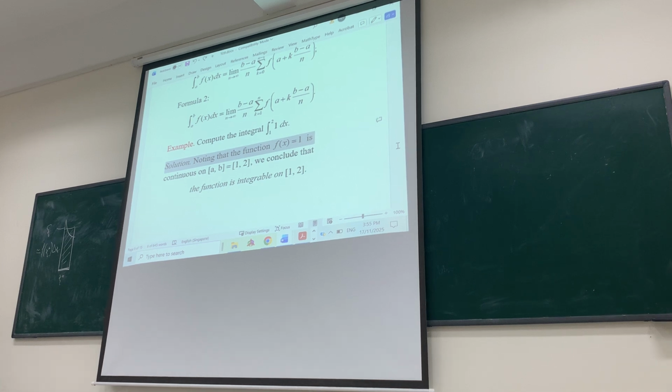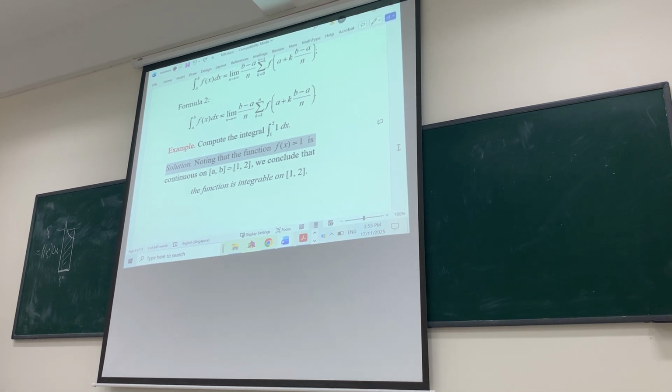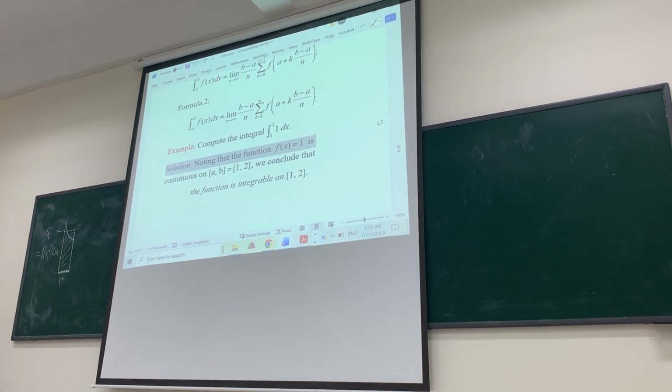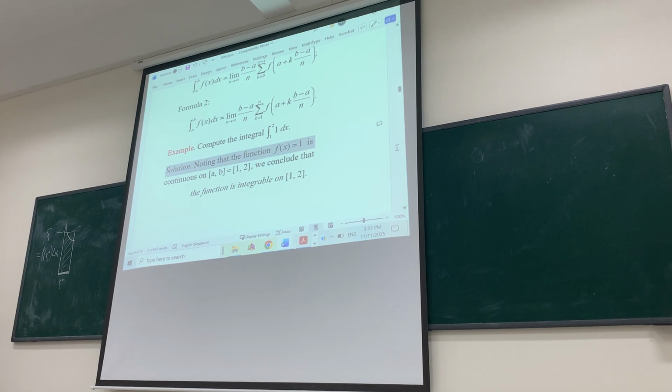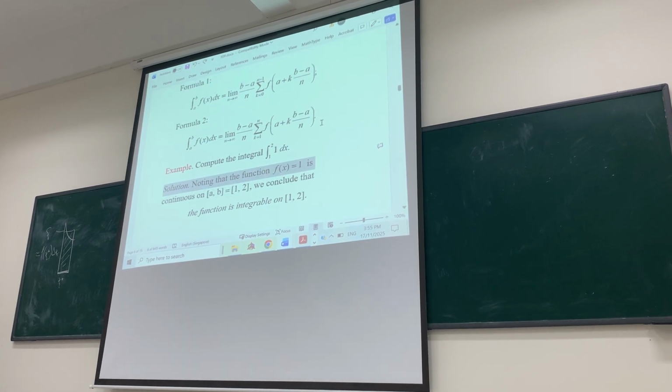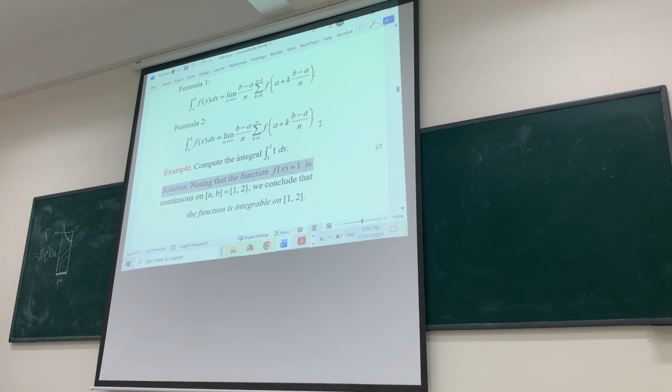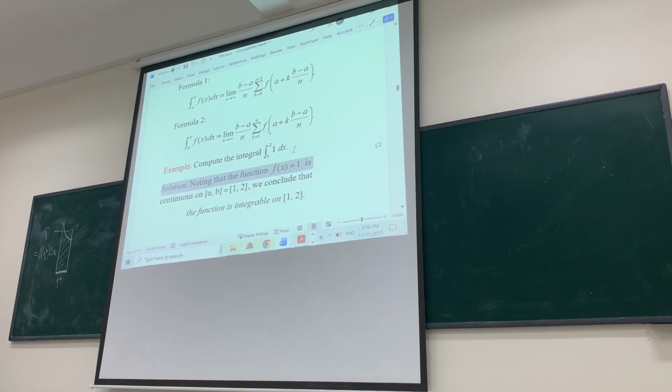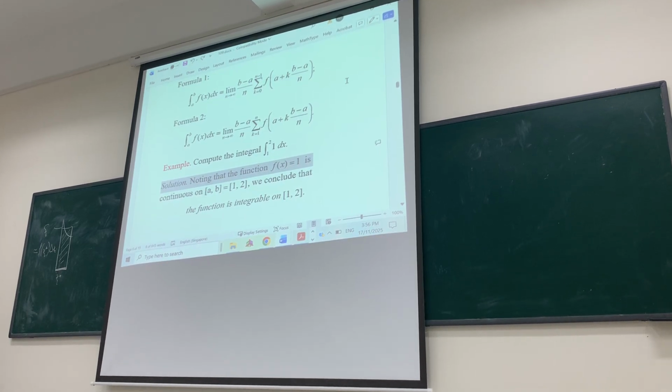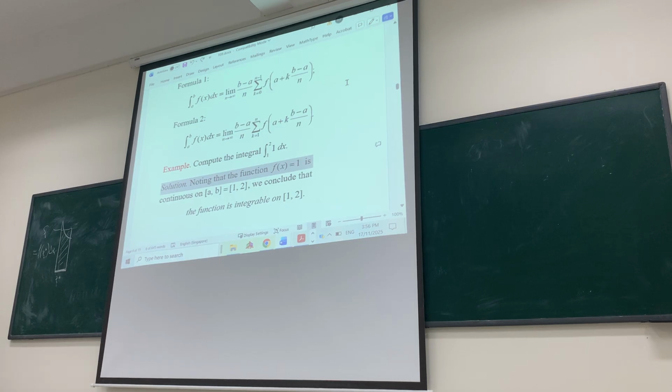Of course, we can use formula 1 and formula 2 to compute the integral.